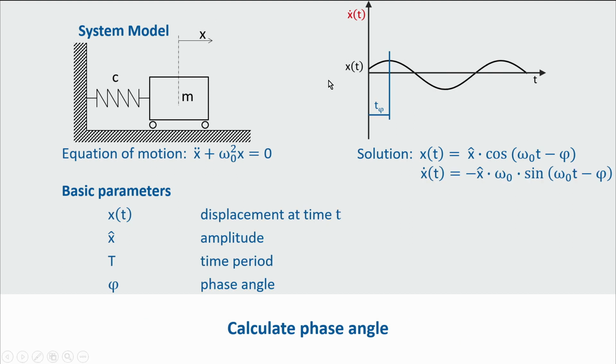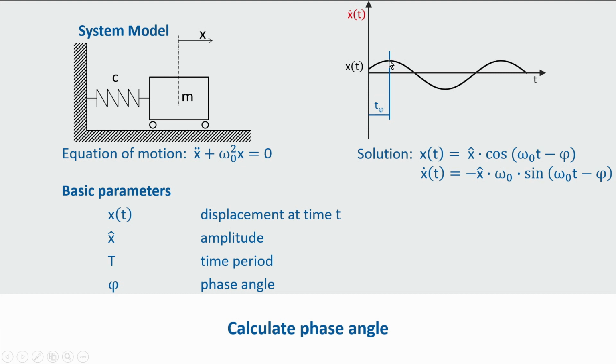The phase angle is the angle which defines the starting point of the displacement function. And you can see here in this oscillation that if you have a usual cosine function without any phase angle, you would start at this point.